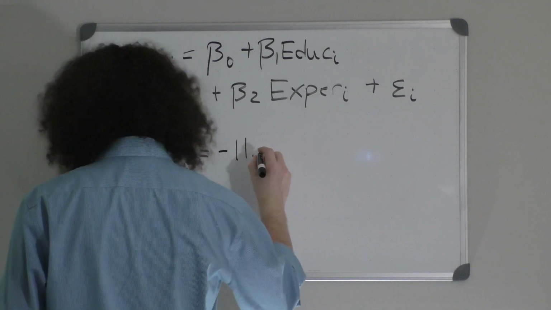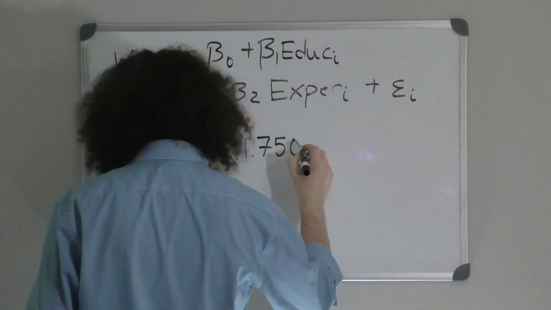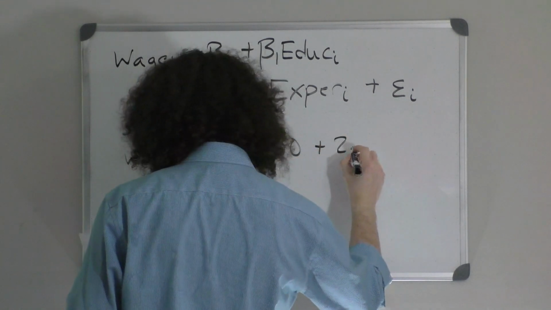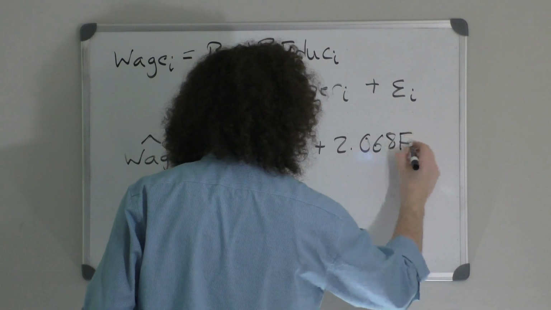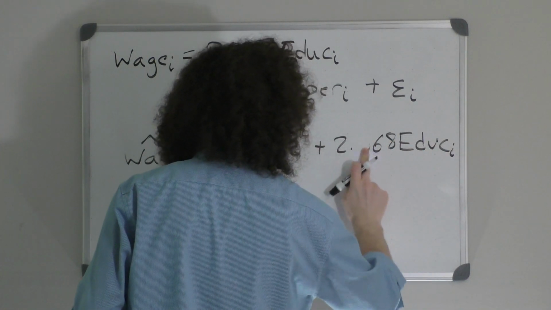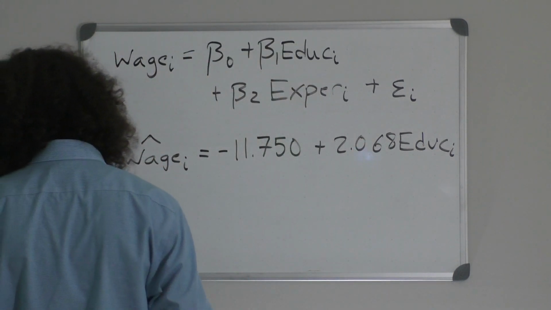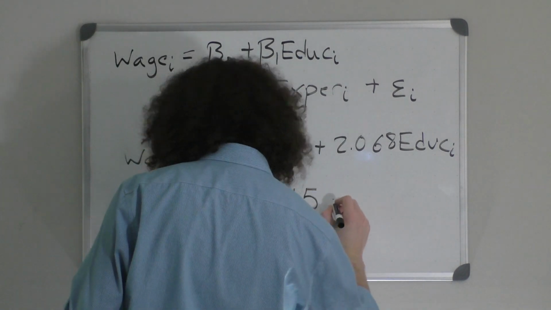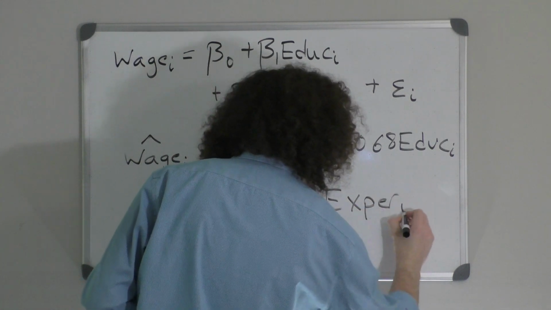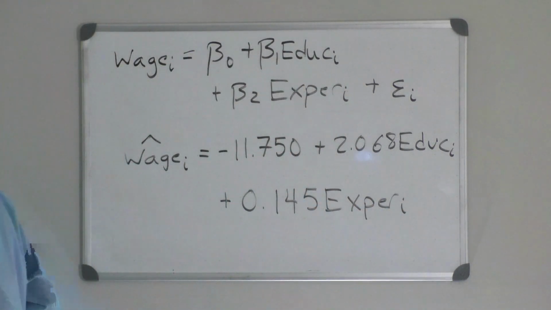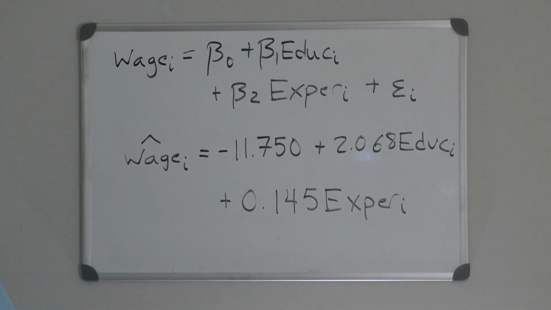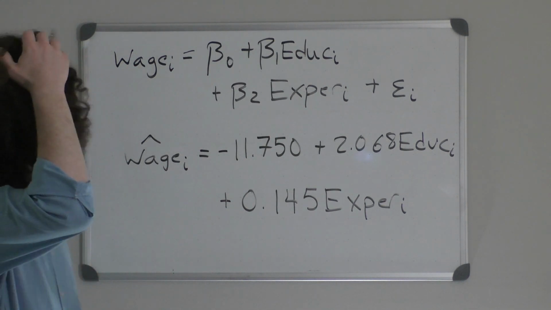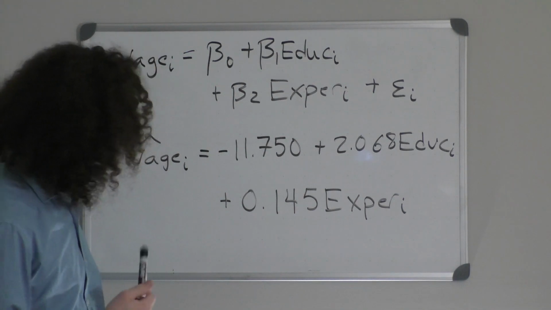Wage i hat equals negative 11.750 plus 2.068 EDUC i plus 0.145 experience i. All right, so that is our estimated equation.